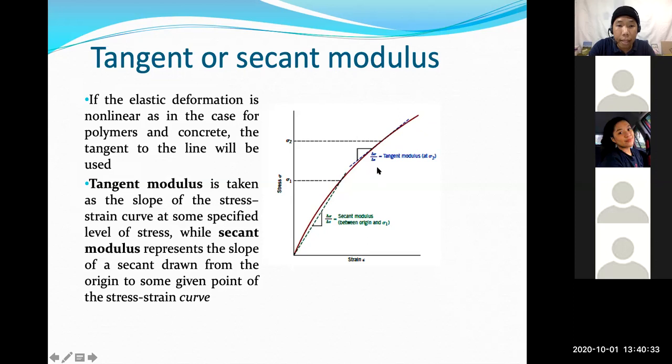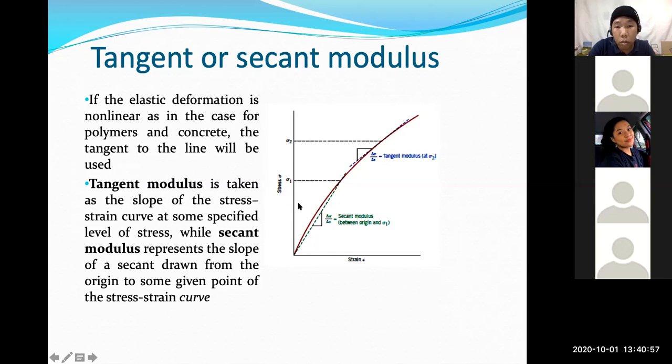Okay, now we have the secant modulus, which represents the slope of the secant drawn from the origin to some given point of the stress strain curve.